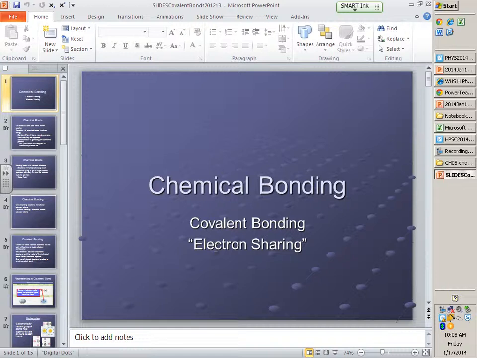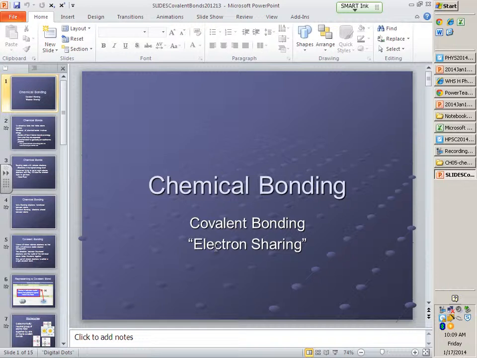Covalent bonds are formed between 2 nonmetals, whereas ionic bonds form between a metal and a nonmetal. Because if you're going to share electrons, both atoms have to want those electrons. So it has to be 2 nonmetals.